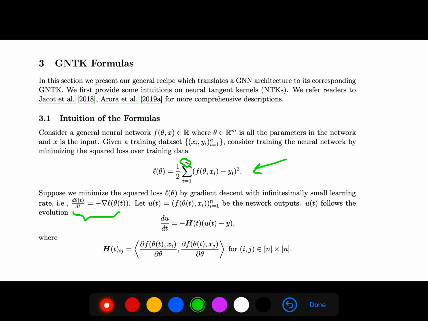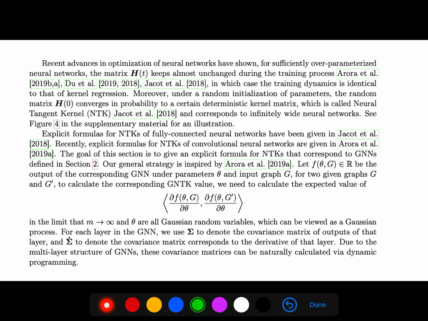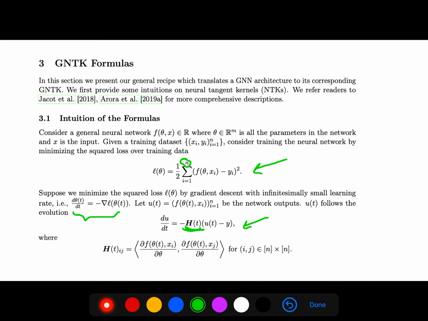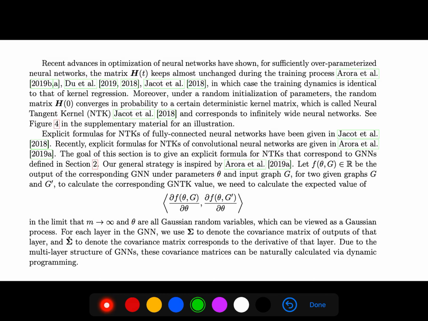So u follows this evolution equation, which is just a differential equation. Recent advances in optimization of neural networks have shown that for sufficiently over-parameterized neural networks, the matrix H, this one, stays almost unchanged during the training process, in which case the training dynamics is identical to that of a kernel regression.